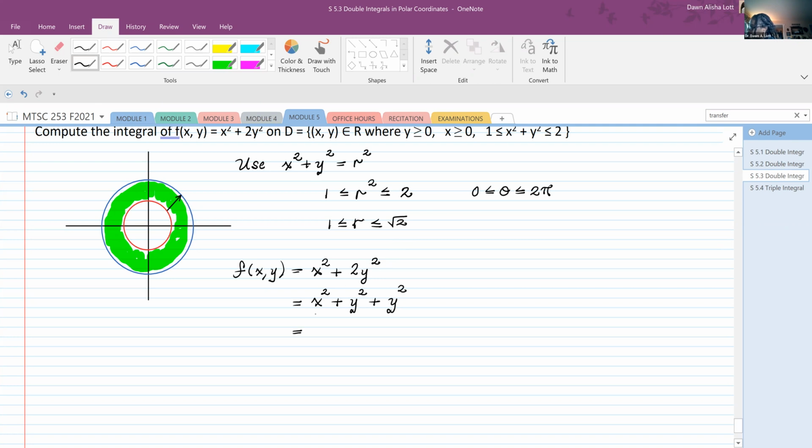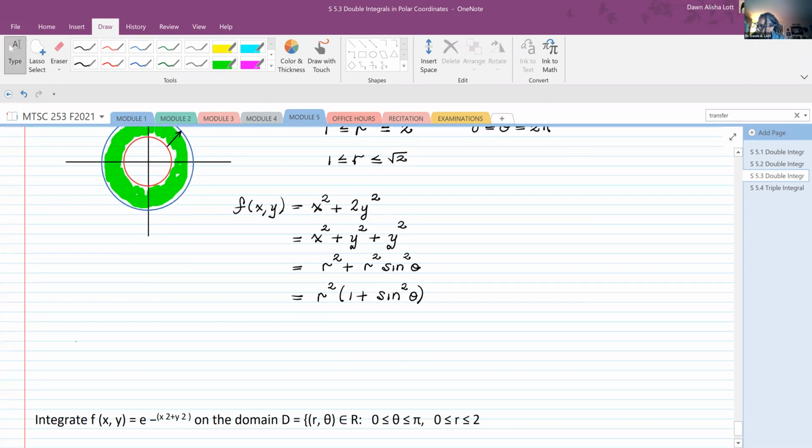So x squared plus y squared is r squared, and then this is r squared sine squared theta. So this becomes r squared times 1 plus the sine squared of theta. So that's the function.